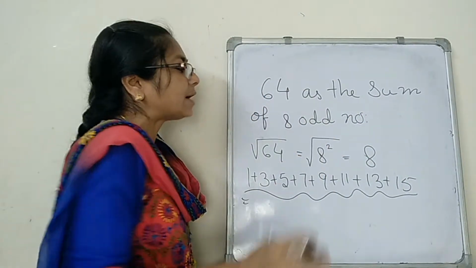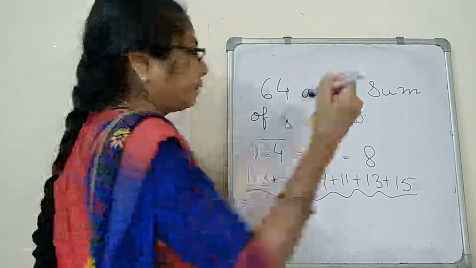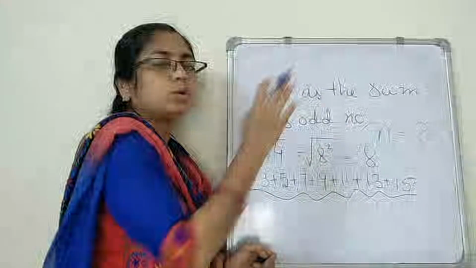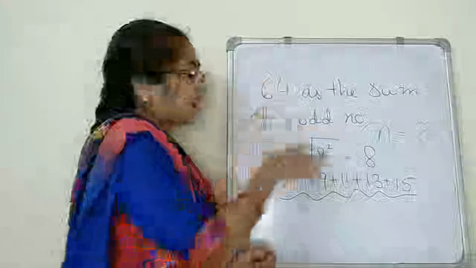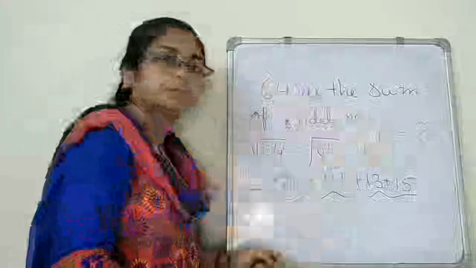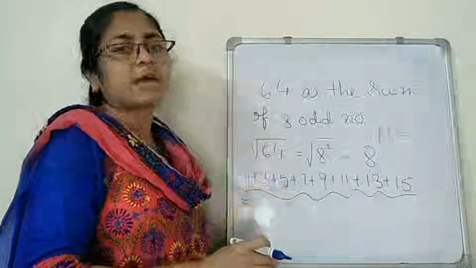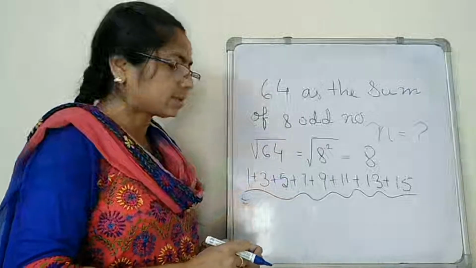Okay? So first you find out the n. How can you find out n? You just take the root and find out the n. Clear? I give you 1 minute time. You please wait. Check the message.